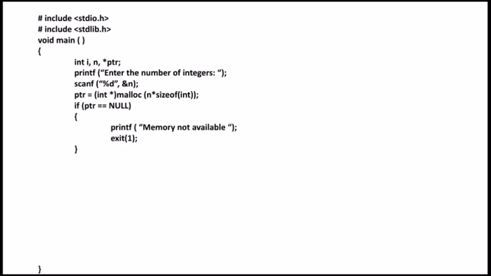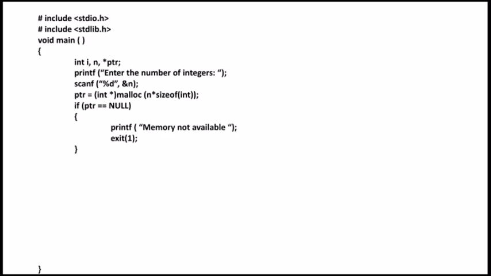Next we are checking, by using an if statement, whether ptr is equal to null. Sometimes even by using the malloc function there is a chance that memory is not allocated. There are many reasons, maybe memory is full.